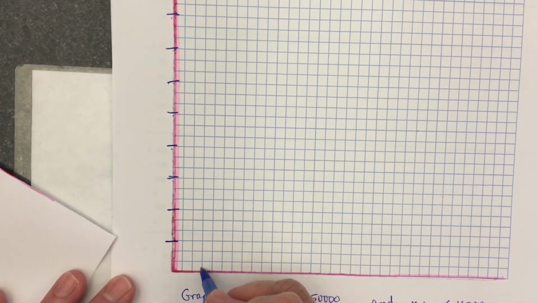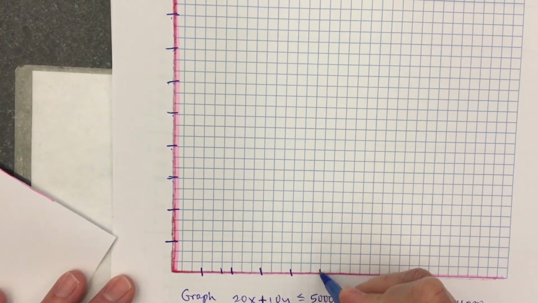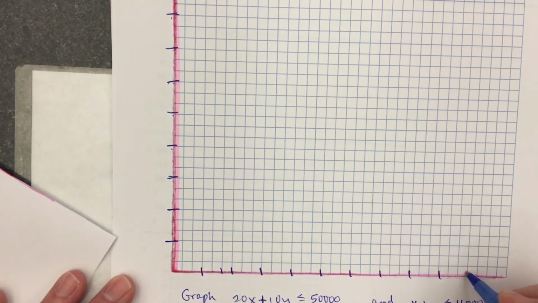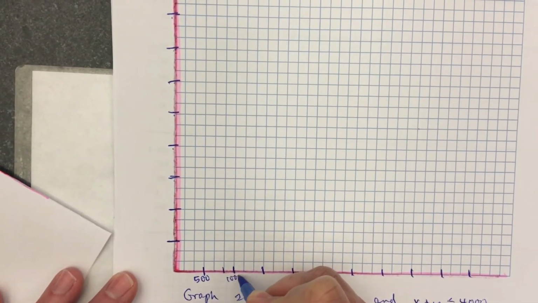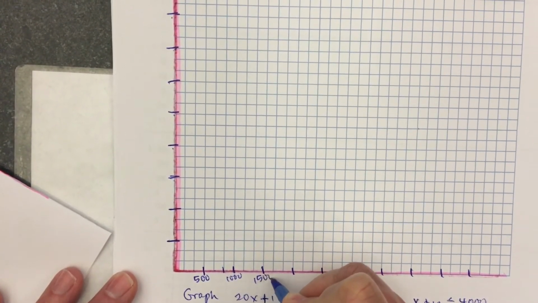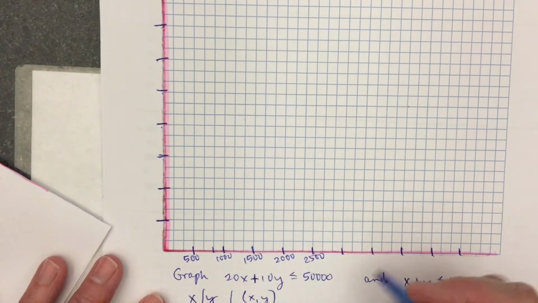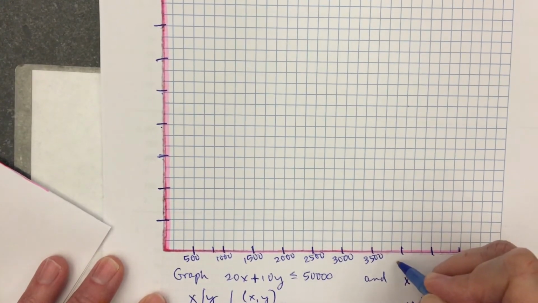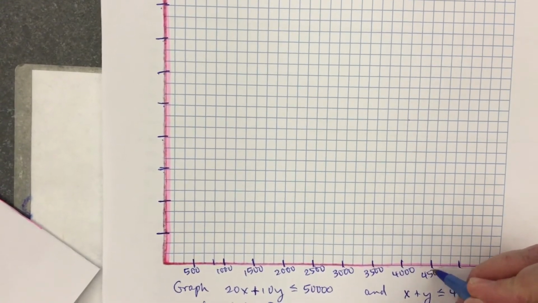So 500, 1,000. Let me just mark it and try not to talk at the same time. Okay, 500, 1,000, 1,500, 2,000, 2,500, 3,000, 3,500, 4,000, 4,500.